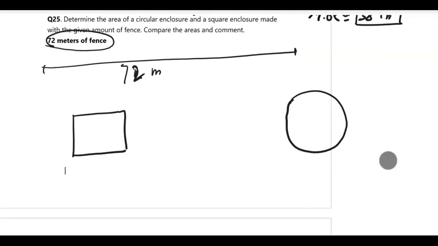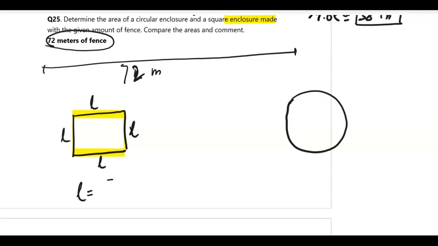Let's see how much area for the circular and square enclosures. Okay, let's find the area of the square enclosure. The total length is 72 meters. So what's the length of one side? All lengths are equal. I could say L here, L here, L here, L here.